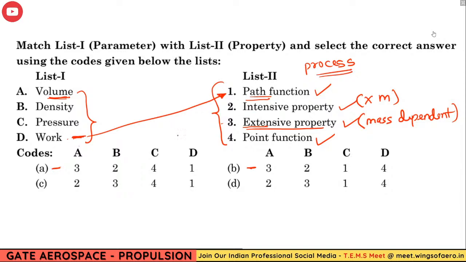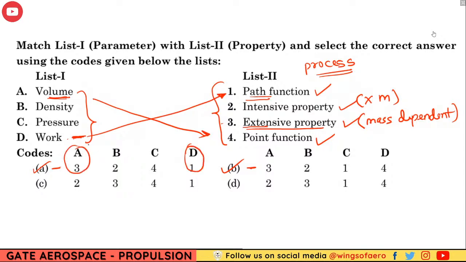Now we have done this, so we can automatically select. We have these 2 options, A and B. Now can we say that B, C is also the same? Density is also an intensive property, and pressure, we have the 4th point.